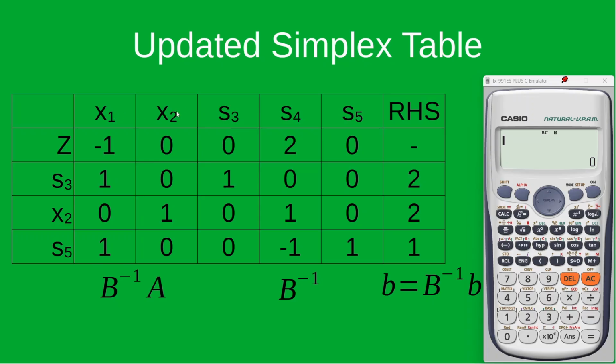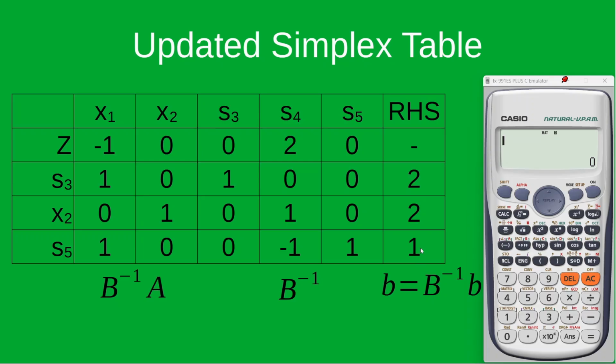That is, the coefficients of x1 and x2 are now given by B inverse into A. And the coefficients for S3, S4, and S5 are given by B inverse. And of course, the updated right hand side now is going to be B inverse into B, which we already found out was 2, 1, and 1.